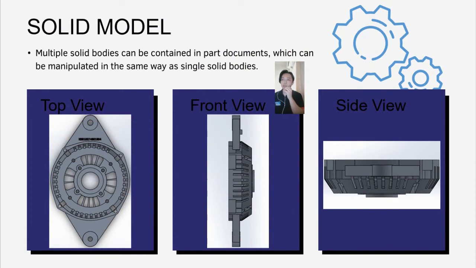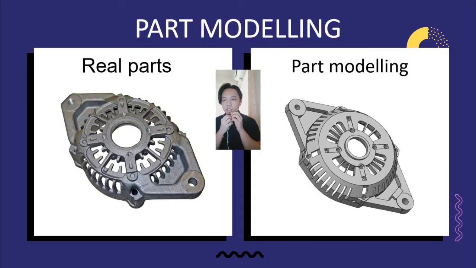This is our solid modeling. For this solid, we have a top view, front view, and side view. On the left side is the real part, on the right side is the modeling of the real part. So we use the real part for our 3D model.